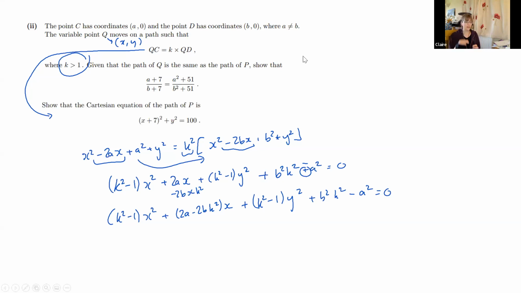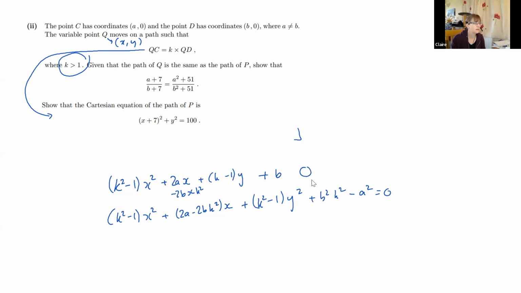Okay, so there's the part that we've done previously, which is x plus 7 all squared plus y squared equals 100. So that's the path of P, and we want both of these parts to be the same. I think probably the eraser is going to be easier at this point rather than trying to select and delete.